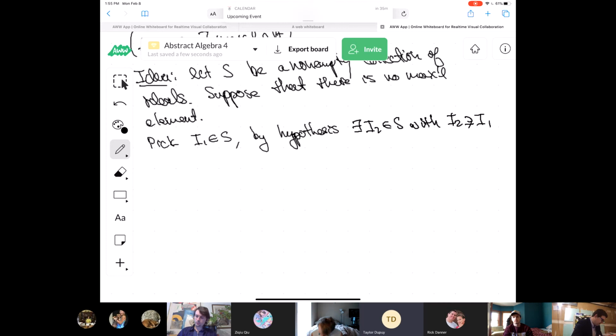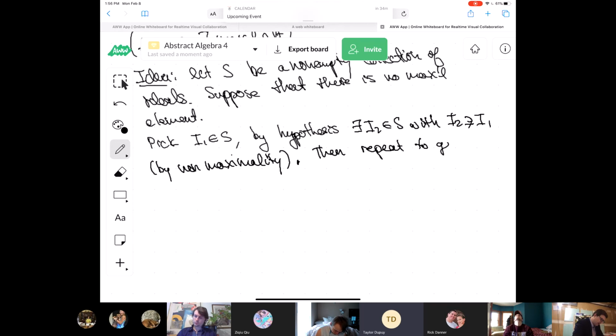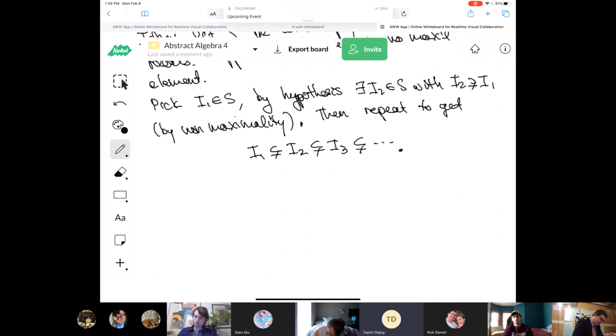And then by non-maximality you just repeat this process to get I1, I2, I3, and so this is an infinite ascending chain.